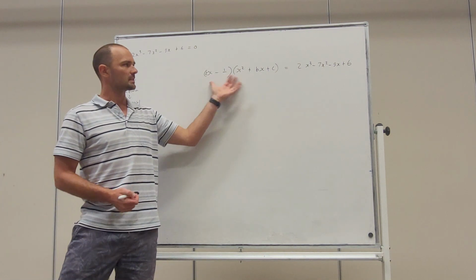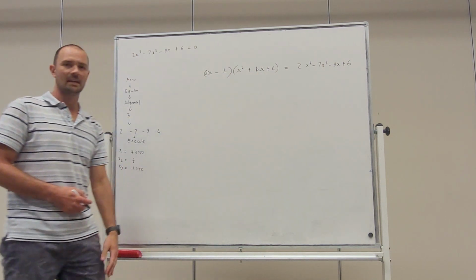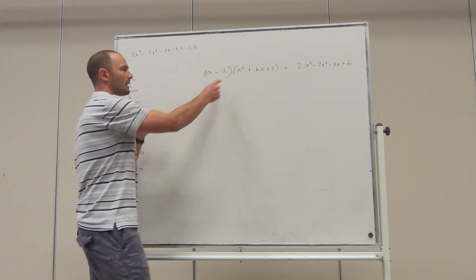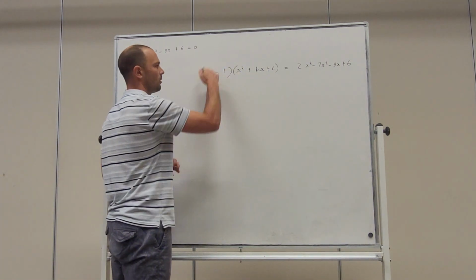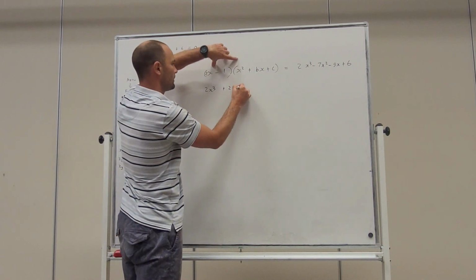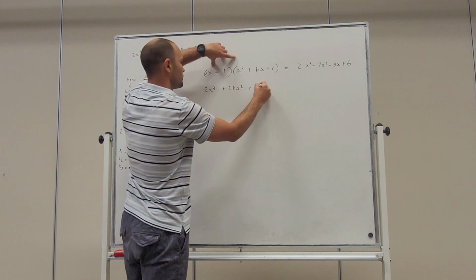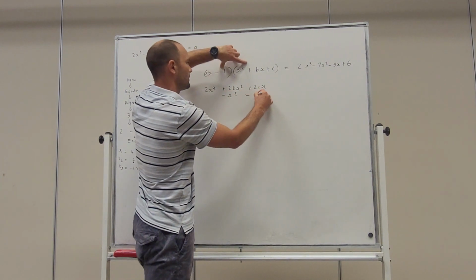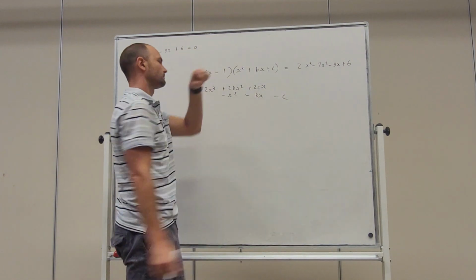Now we can perform the expansion and solve through for b and c. All right, let's do that quickly. So I'll perform the expansion, solve through for b and c. 2x to the 3 plus 2bx squared plus 2cx take x squared, take bx, take c.